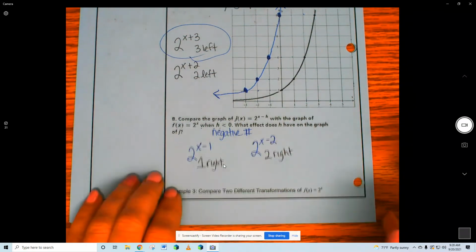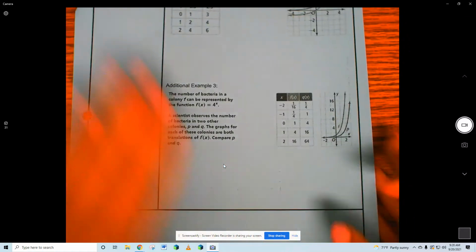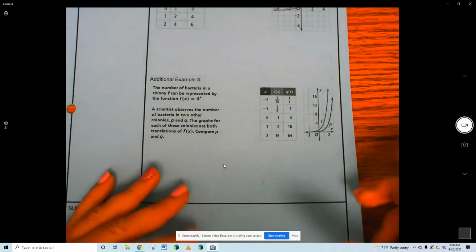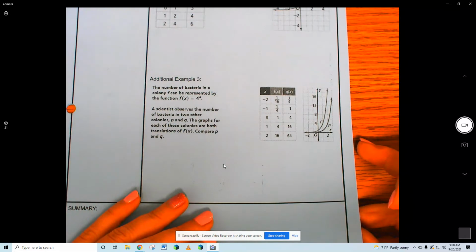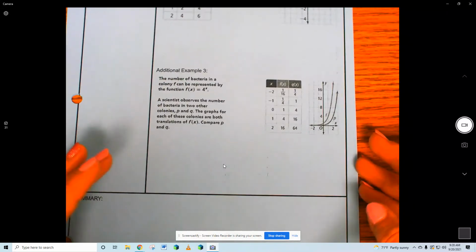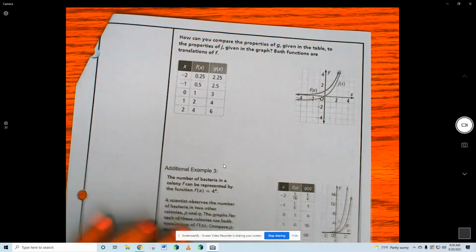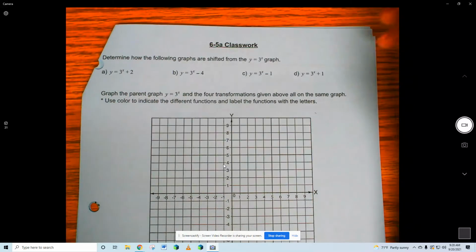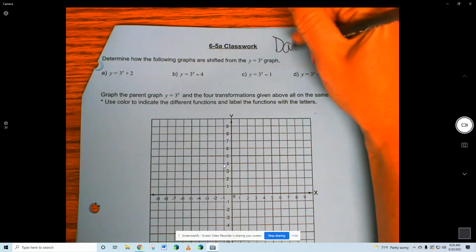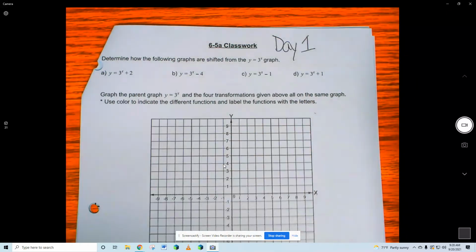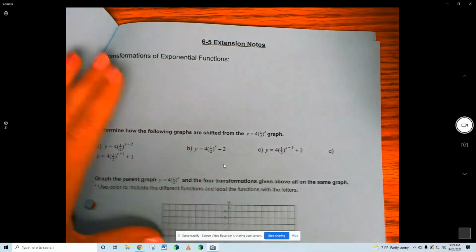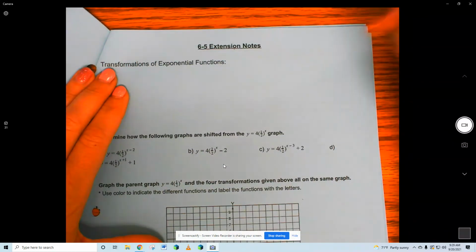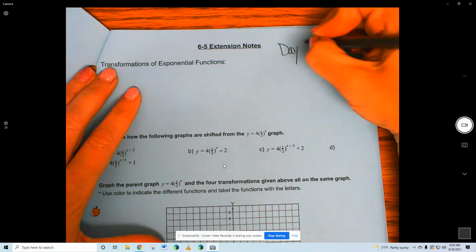Okay, let me turn the page. There's some word problems, but we're going to talk about those tomorrow because it's just putting it into real life situations. So here's the deal. You have attached in this packet 6.5A classwork, day 1, and then the next page is going to be day 2.